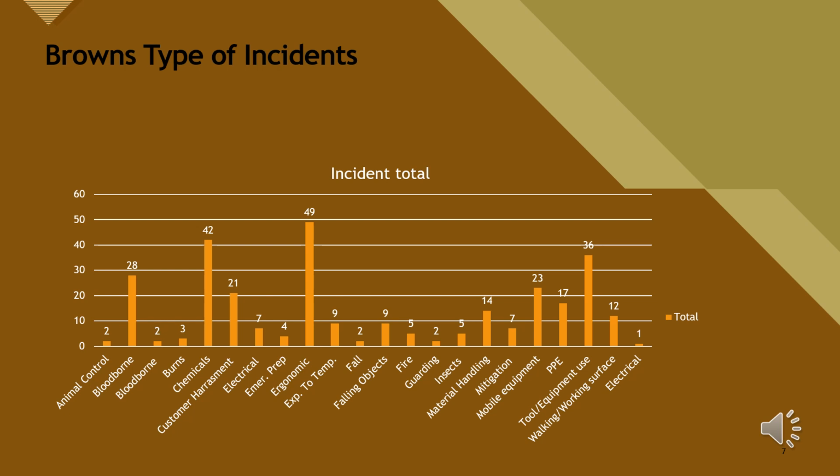The second and third types are chemicals and tools. The data supporting these involves materials.